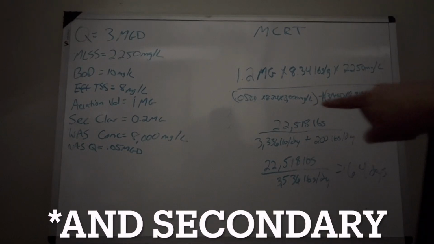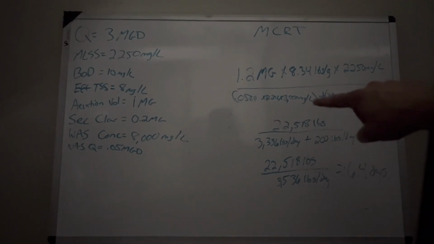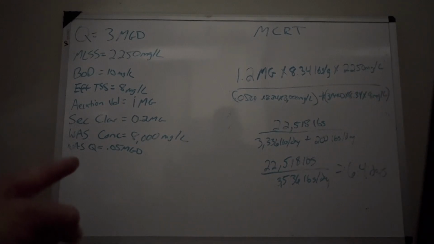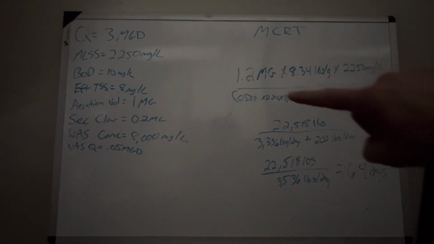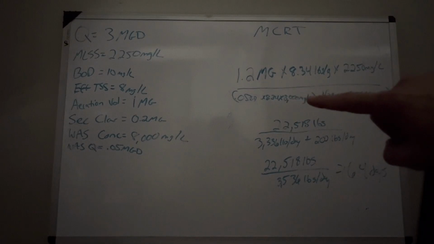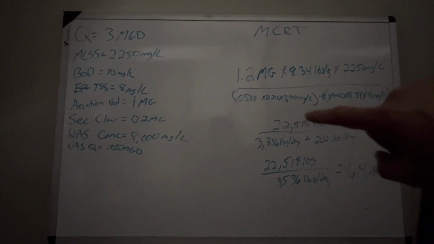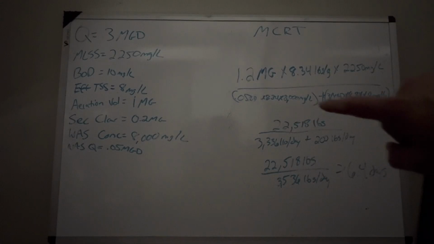So now I'm going to do what's leaving the plant. My WAS flow is 0.05 MGD, or 50,000 gallons per day, going somewhere. So I've got 0.05 MGD times 8.34 times 8,000 milligrams per liter WAS concentration. Some thick stuff going to a thickener or something.